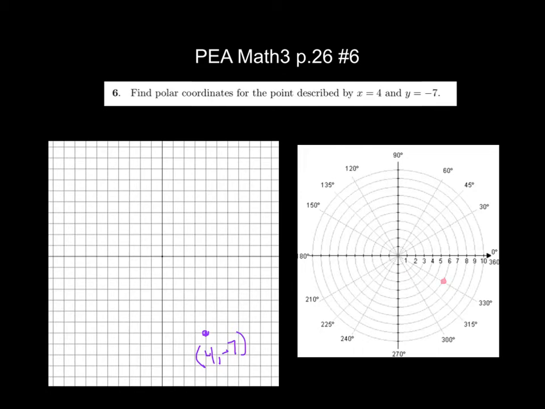We could call that radius 6, 330 degrees, because that's our angle there. And you can think of that radius there. So that's the basic concept here.